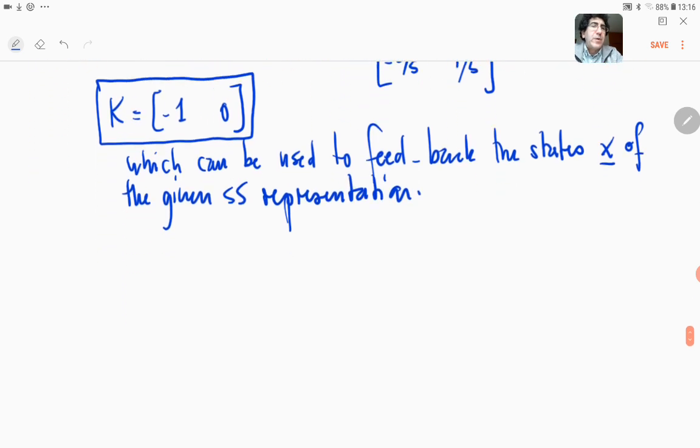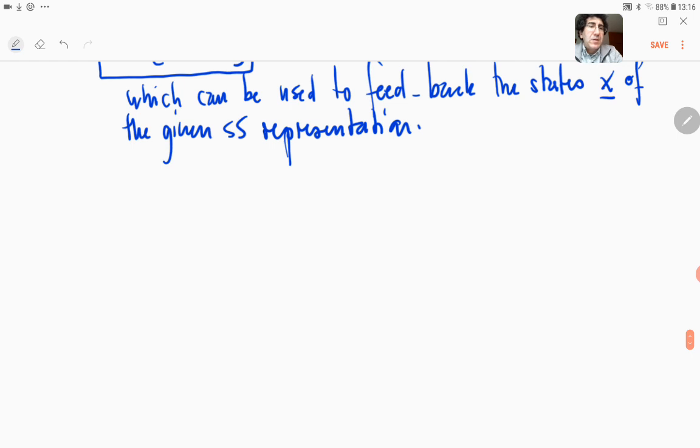If we want to sketch how this should look, remember we had X dot equals AX plus BU as given in the problem, and the output CX.